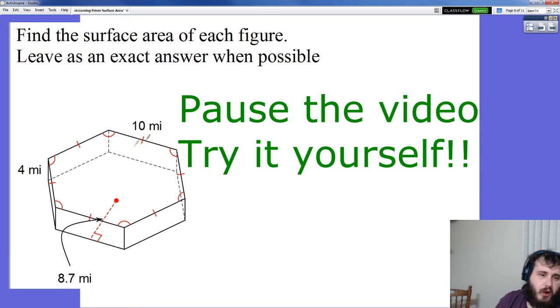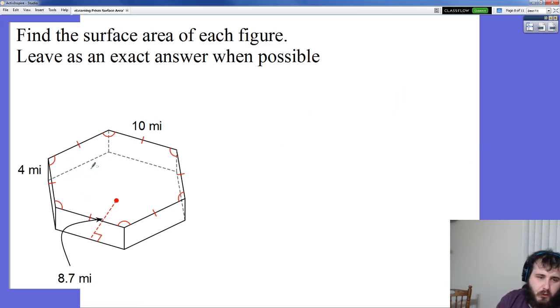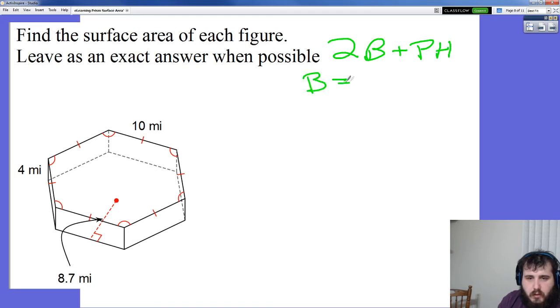Okay, so we've got our 2b plus ph. Let's find b. B is the area of the base. That's going to be that 1/2 aP situation. It's a regular polygon. Well, the apothem is 8.7.